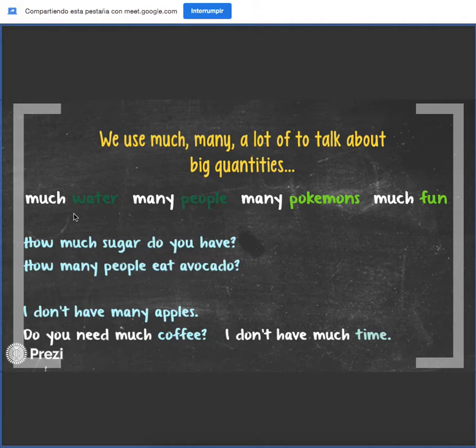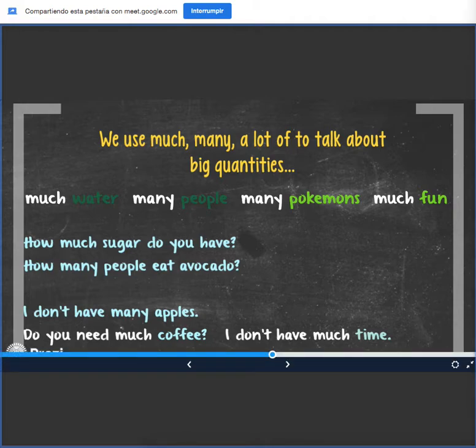When do you use much? When do you use many? Tell me. The much or the how much is for countable things and the many is for uncountable things. On the opposite, al revés.